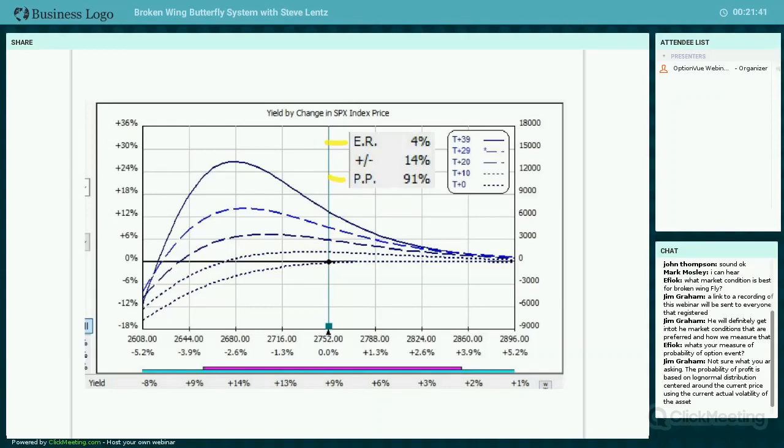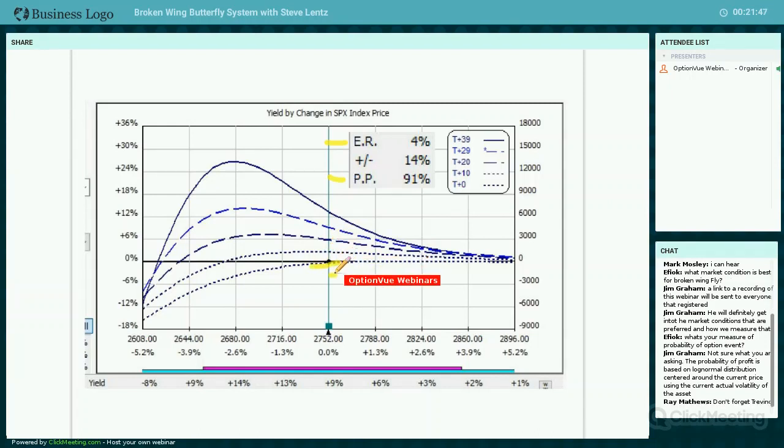But now look at the downside management that's built into this approach. Notice at T plus 0, we're leaning a little bit delta long. If the market goes up, we're not going to make anything, but if it goes down, we'll lose. We're leaning a little bit delta long, and then it flattens out. Now watch this. The next line up, we're tilting it up to the left so that the position actually makes more money if it moves to the left. Then on this time frame, T plus 29, look at that.